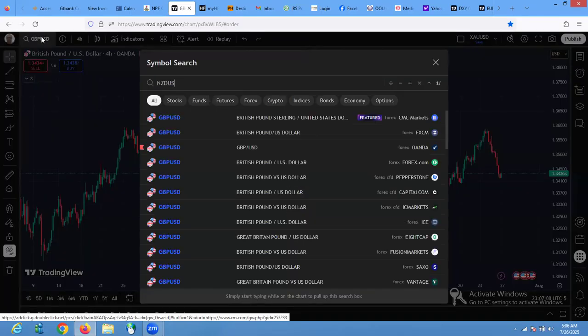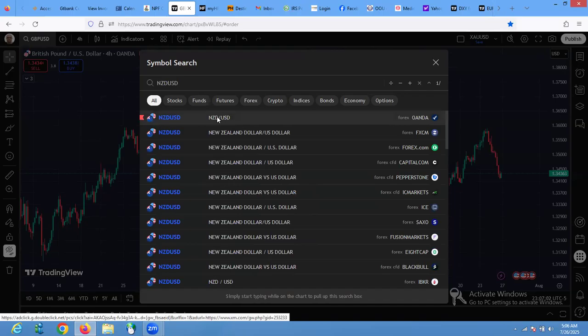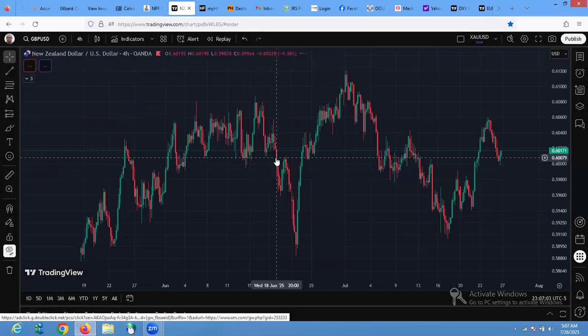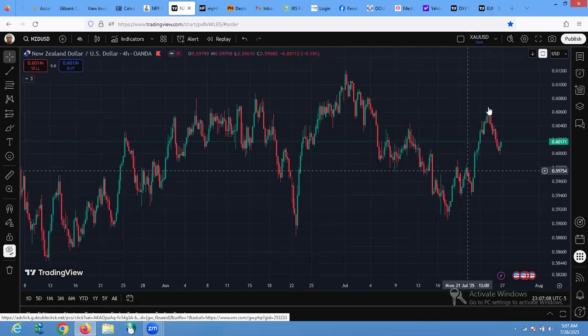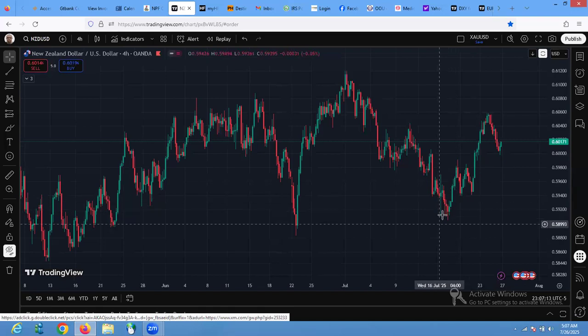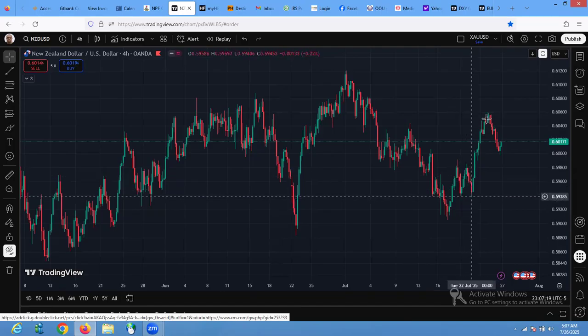NZD USD still looks bullish. Now, with this movement, probably we're going to have a double correction. So I think this may be a wave 1, a wave 2 in the middle here because of the double top, and this is probably a 3-1.